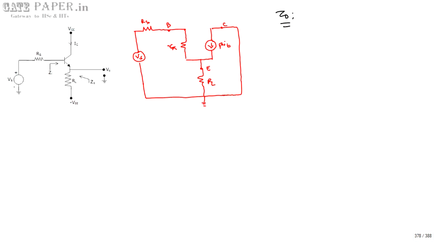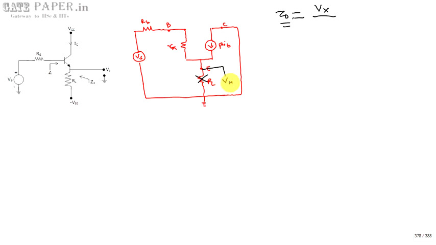Output impedance can be calculated by applying a test voltage source across the output terminals, by removing the load resistance, and by that time no other voltage source should be present. Let us assume a test voltage source Vx is connected across the output terminals by removing RL.